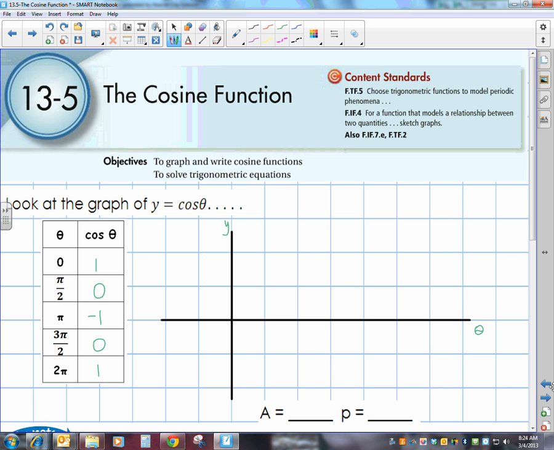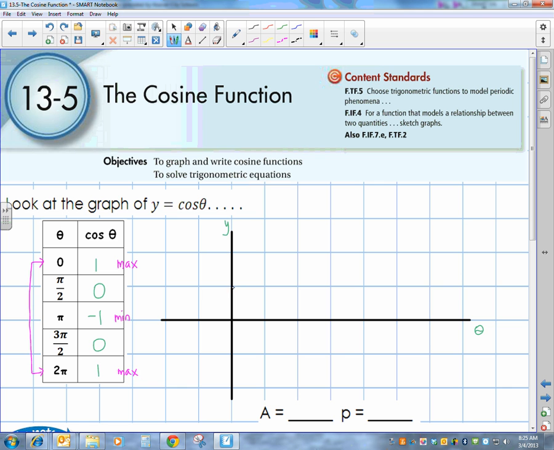Now, hopefully you remember from the sine that we started and ended at a 0. Well, notice here that we actually are not starting at a 0 anymore. We're starting at a max. So we start at a max, we end at a max. Halfway between is a min, and then halfway between the first two is a 0, halfway between the last two is a 0.